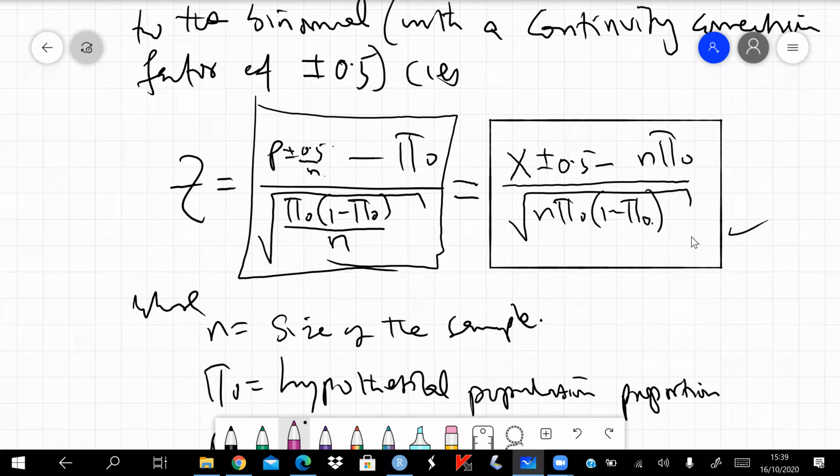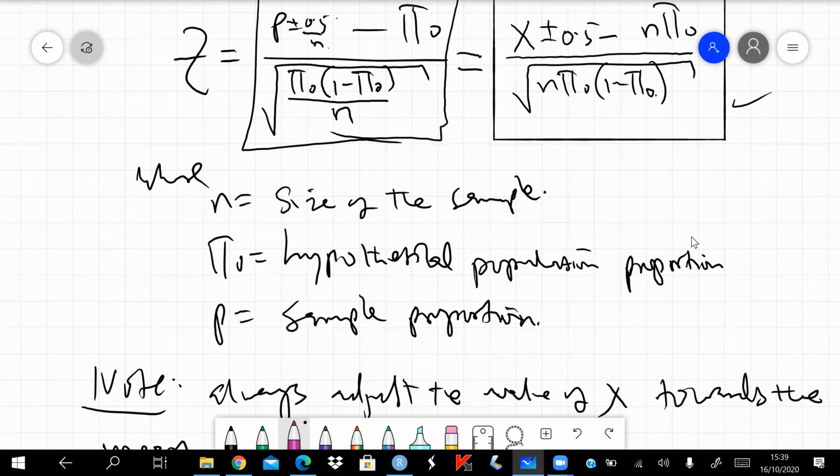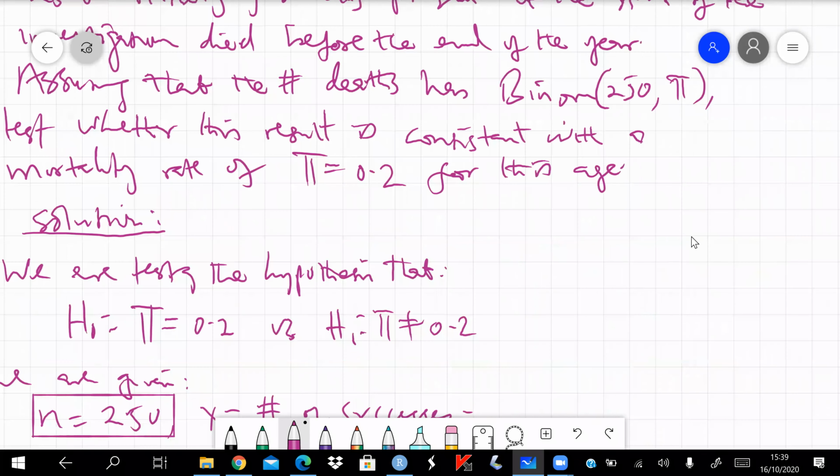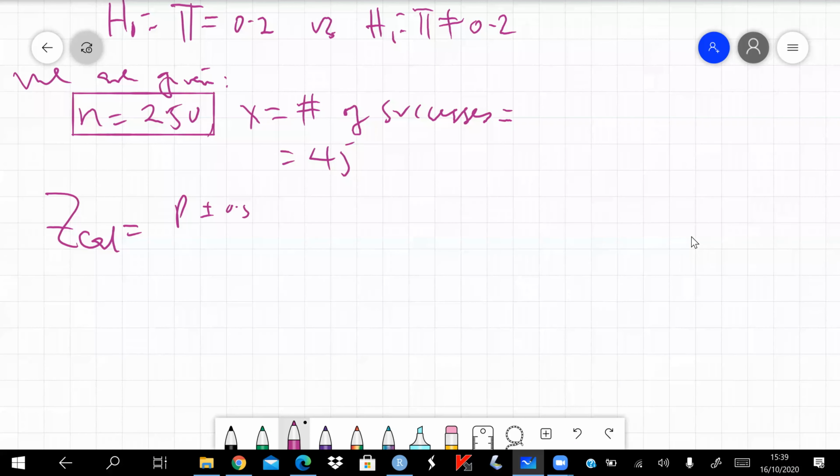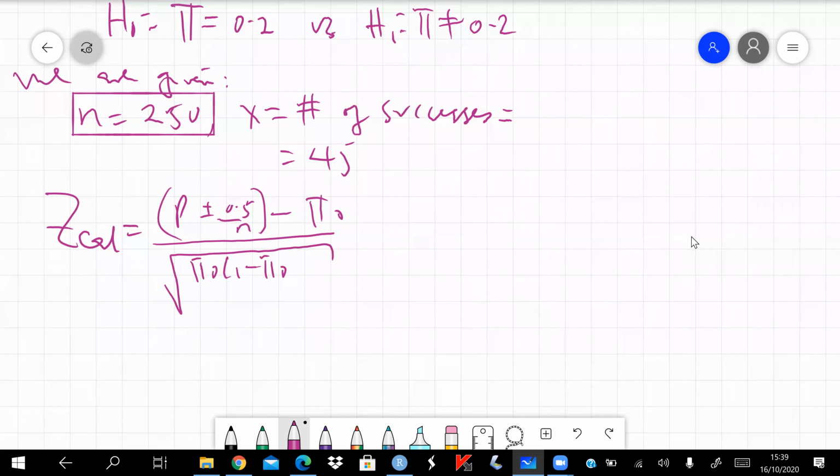Then after you get p, the rest will be easy to see. So let's work with the first formula there. So we're going to have p plus or minus 0.5 over n, minus pi naught, divided by square root of pi naught times 1 minus pi naught divided by n.